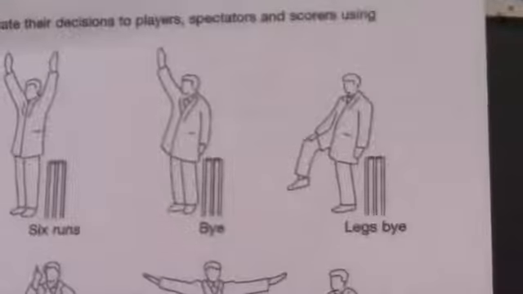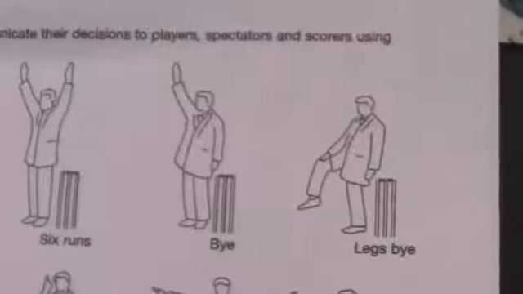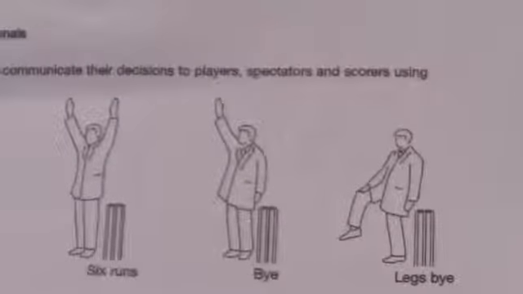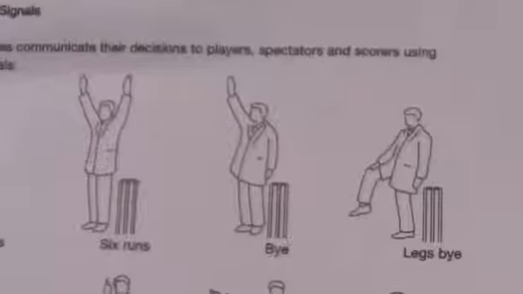You cannot have wides off a no ball because a no ball takes priority over a wide in a situation where both could apply. So technically they would be byes off a no ball.